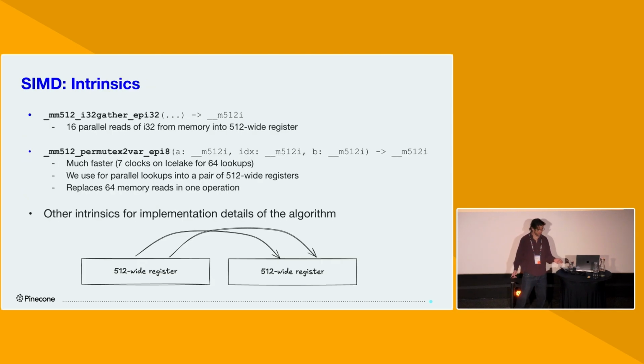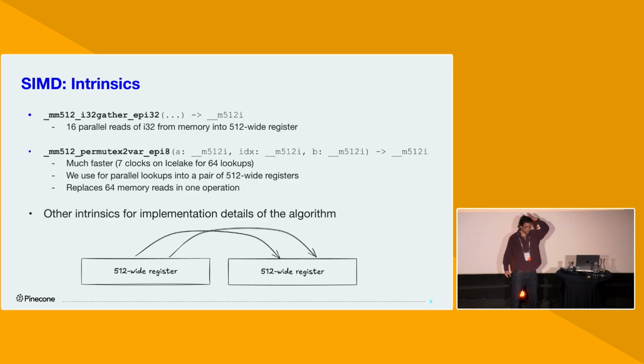So which intrinsics do we use, right? The first one is the gather operation. Ideally, we don't want to use it because this actually goes to memory. This goes to the L1 cache, but this allows us to quickly and deterministically populate the registers with data from memory.